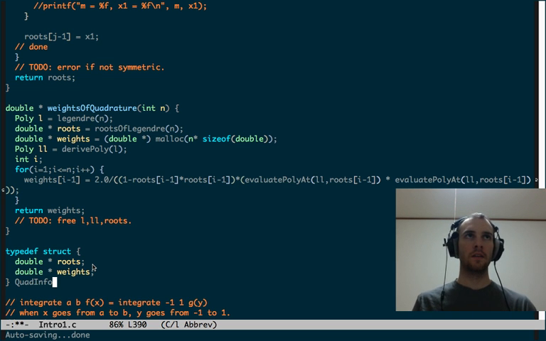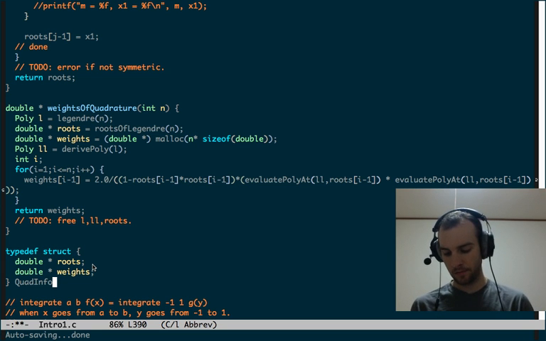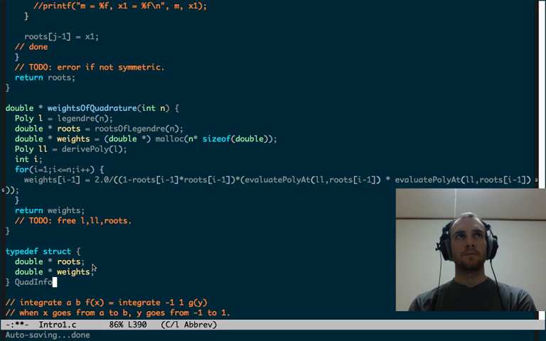My idea is that if you want to integrate between a and b the function f, then you'd want to have a mechanism for not repeating the work every time that you're integrating.